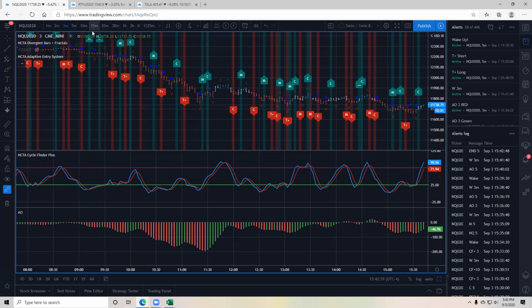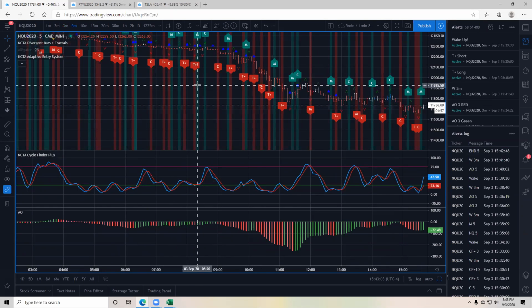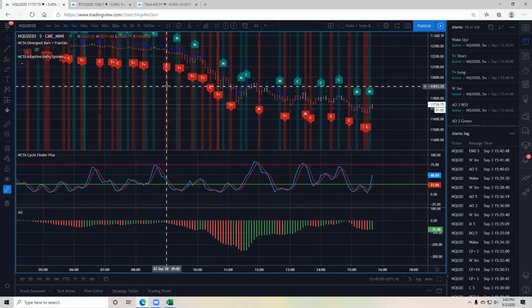Market opened at, oh, I'm on the wrong chart. There we go. Market opened at 9:30 this morning, regular market session, and the NASDAQ 100 opened at 12,224 and a quarter.